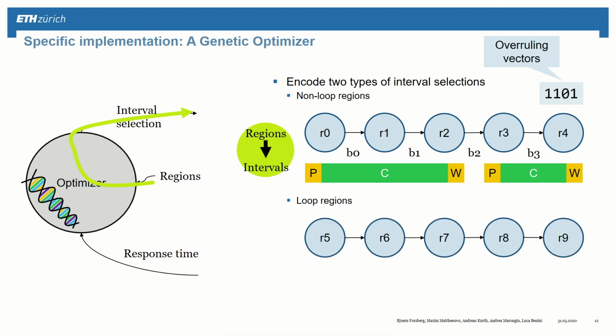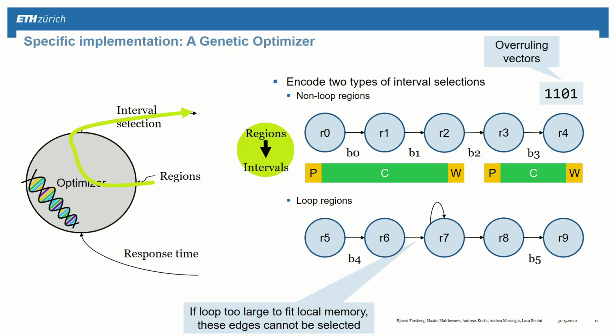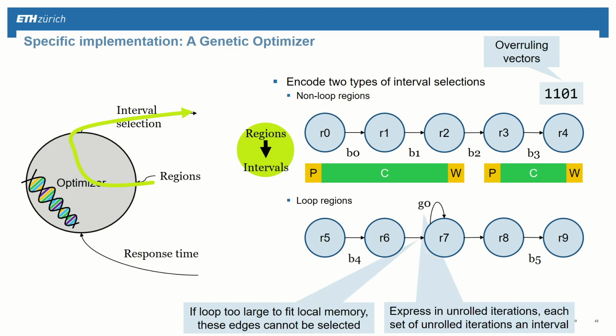Now, for loop regions, we have a very similar setup, but for the loop region, region 7 in this case, we do not assign one of these binary values. The reason for this is that if this loop is larger than what fits in the local memory, we have no way of selecting it with any of the surrounding regions anyway. Instead, we express the iterations of this loop using the parameter G0, which tells us how many iterations of this loop we should unroll into an interval.